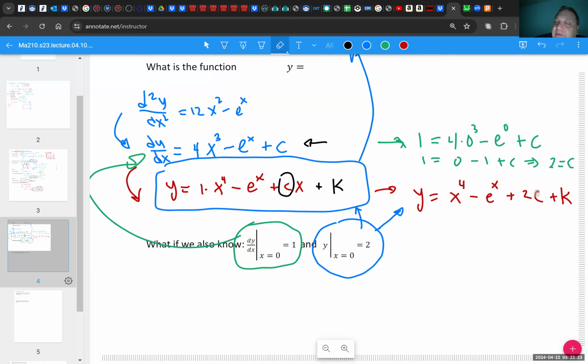Little brain distortion there. So let me fix that. Since we know the value of c, we plug in 2 for c. C is 2. Thank you. So now I'm going to plug in x equals 0, and I only have one thing left to find, which is the k. So the y value is 2 when I plug in 0. And now I can solve for k.